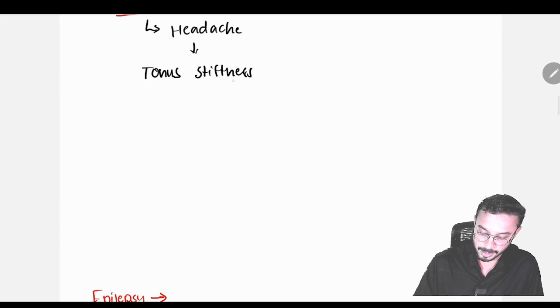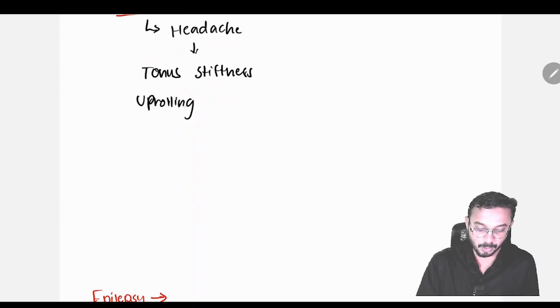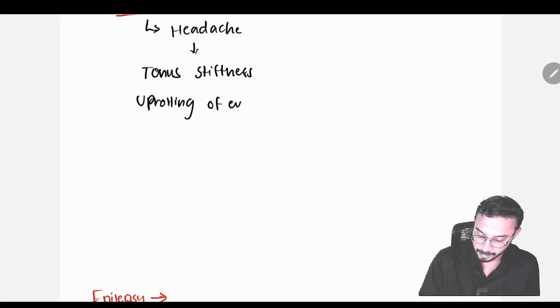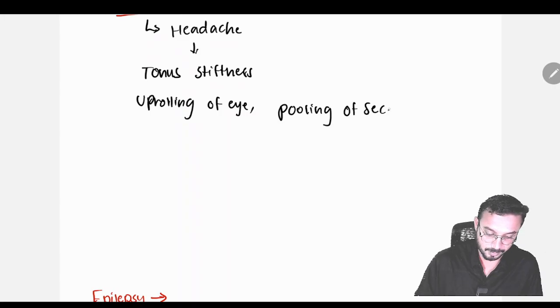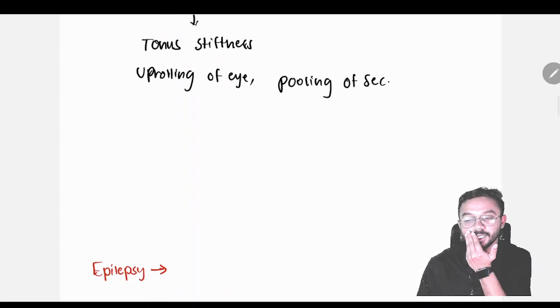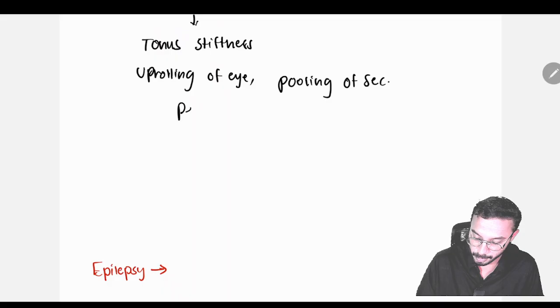If you look at the person, he will have upward rolling of the eyes, pooling of secretions, and lips turning bluish in color, perioral cyanosis.